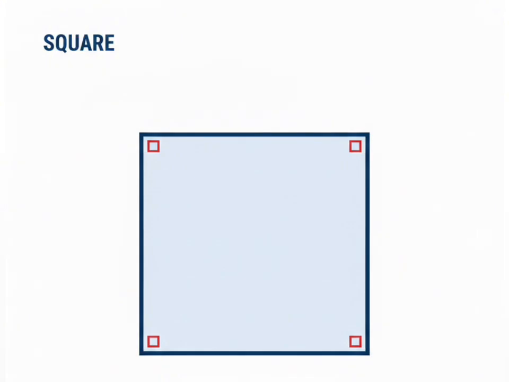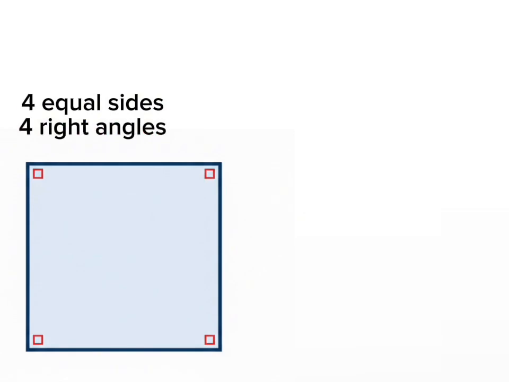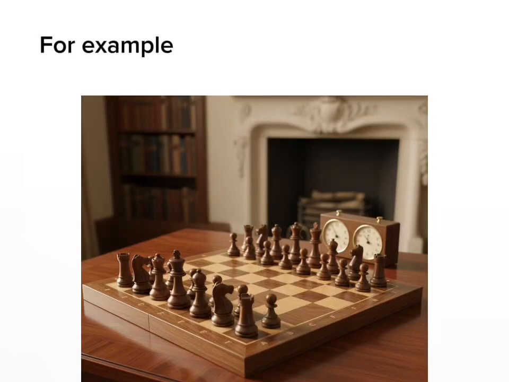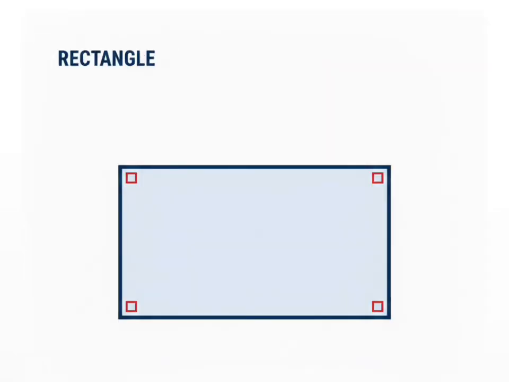Square has four sides and four sides are equal to each other. Four equal sides and four right angles. For example, this chessboard, it's a square. Rectangle.